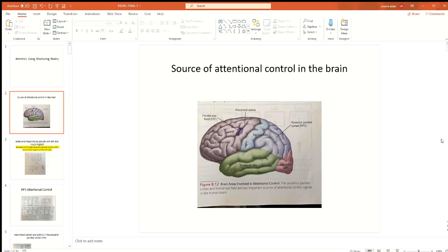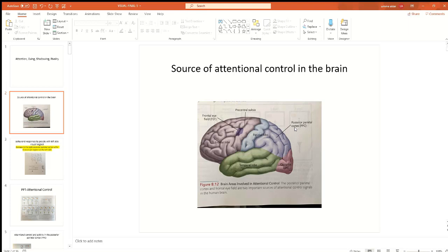So, two brain areas are more involved in attention related activity. One is the posterior parietal cortex.